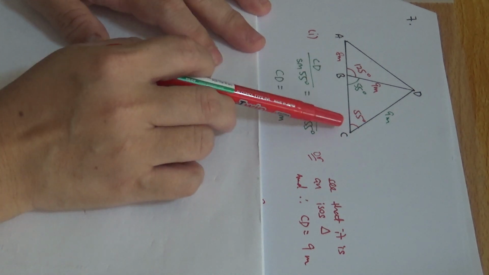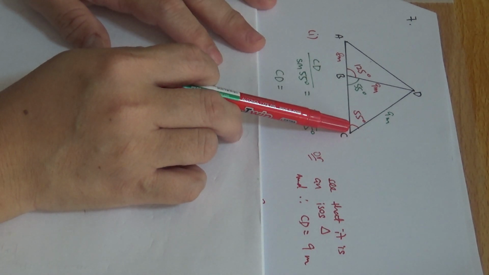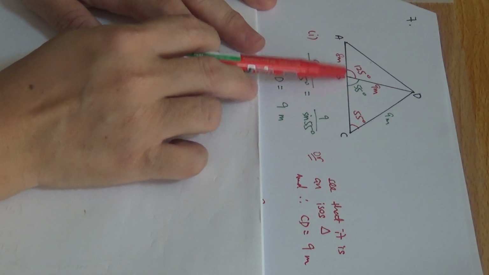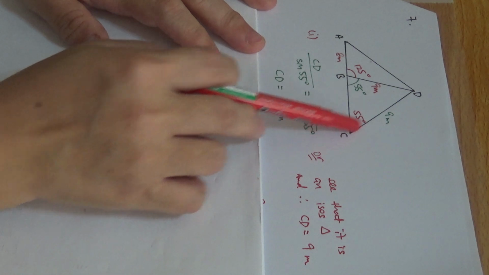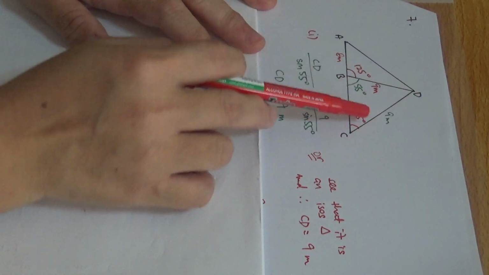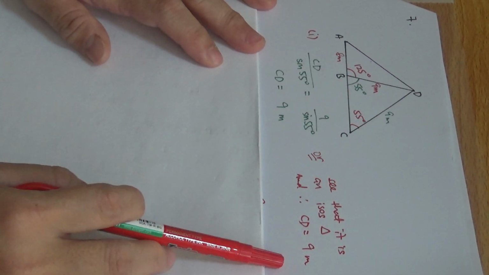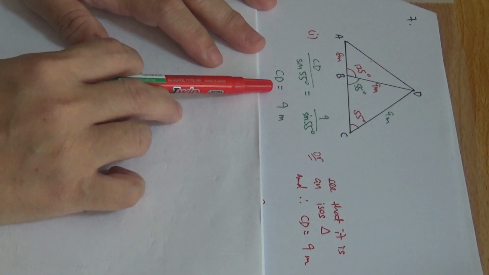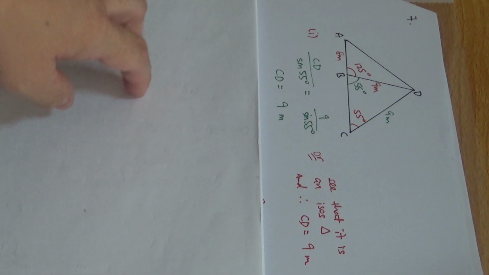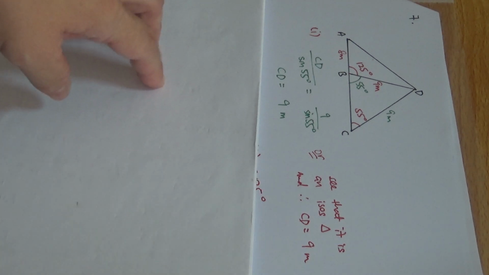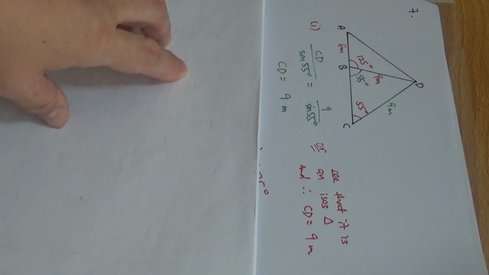But if you can see that this is 55 degrees, and according to adjacent angles on a straight line, this is also 55, it makes this an isosceles triangle, which means I can conclude that these two sides are 9 meters. So whether you use this or this, the answer will be the same. It's 9 meters.